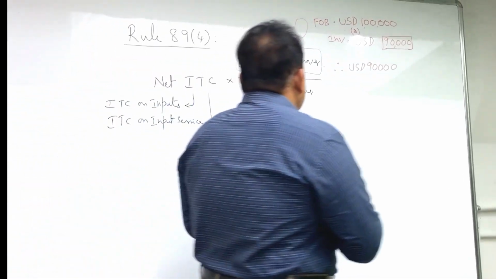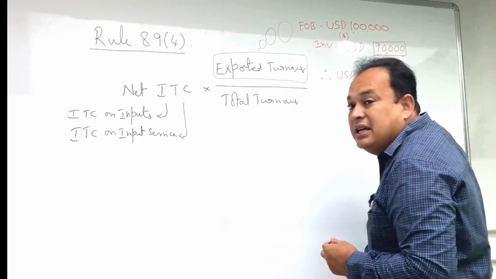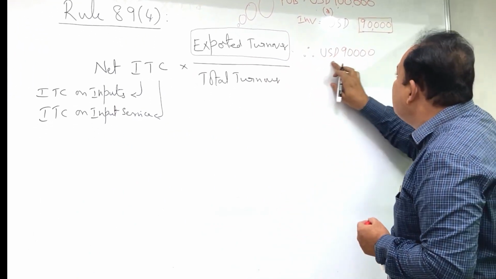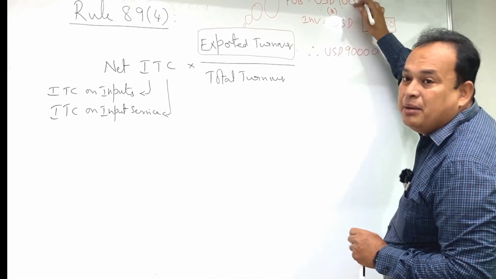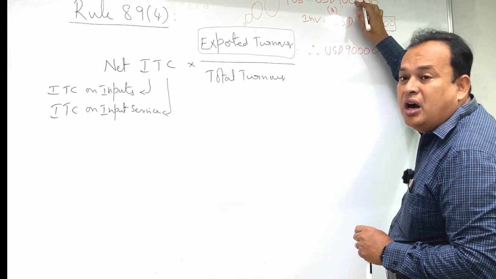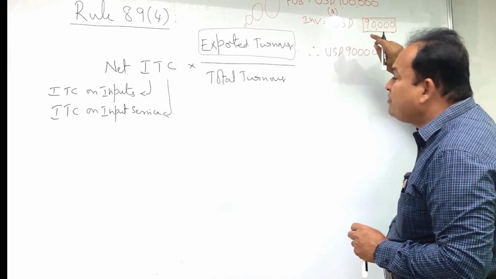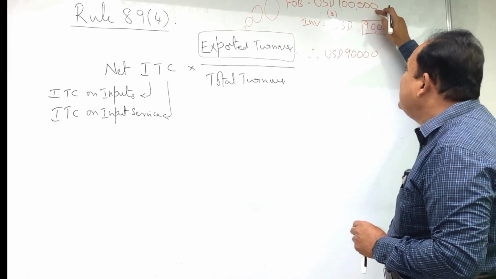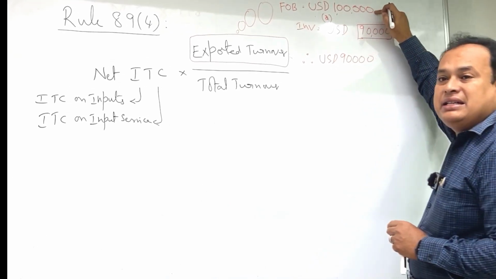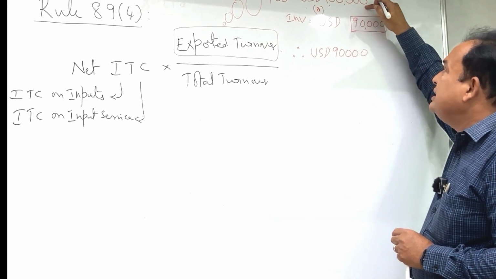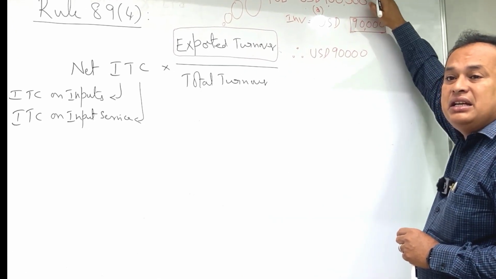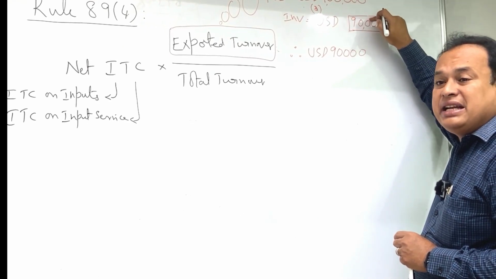Now look here, my dear sir, it is important to refer: this $90,000 is not confirmed. Whichever is less among FOB value or the value shown in the invoice, $1 lakh or $90,000, we have already taken.